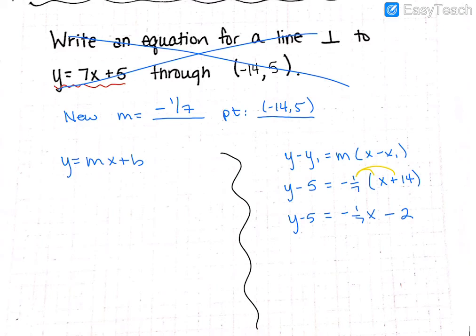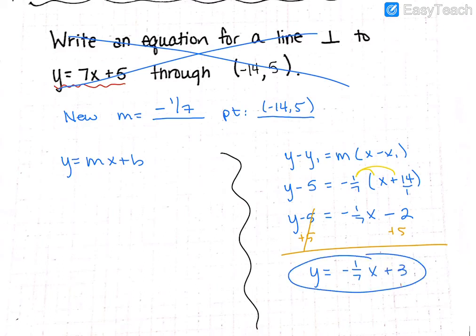Think about it as 14/1. So 14 on top, 7 on the bottom. 14 divided by 7 is 2. Then we can add 5 on both sides. And we're going to get y equals -1/7 x plus 3. That would be your final answer because we're writing this equation in slope-intercept form.